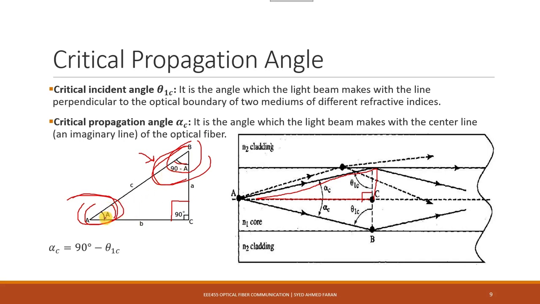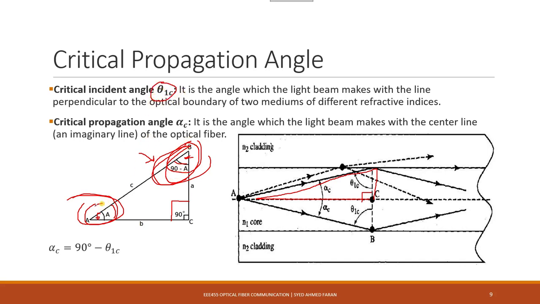So if this is A, this must be 90 minus A, because the total angles are equal to 180 degrees. We already know this angle, because we are calling it the critical incident angle.